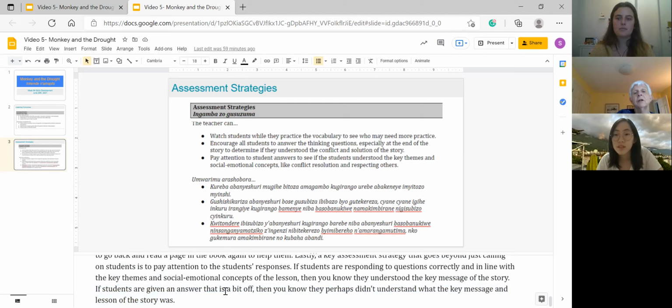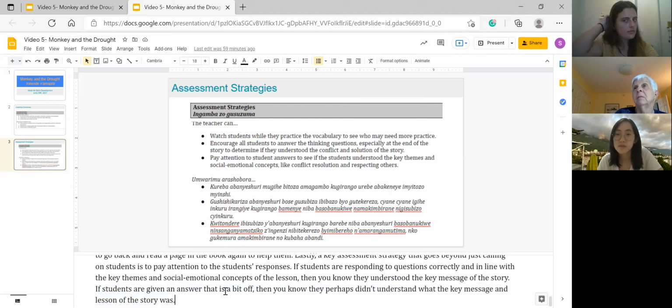I would suggest if the children are having difficulty understanding, that before you read the story again, you go back and act out or role play the vocabulary.